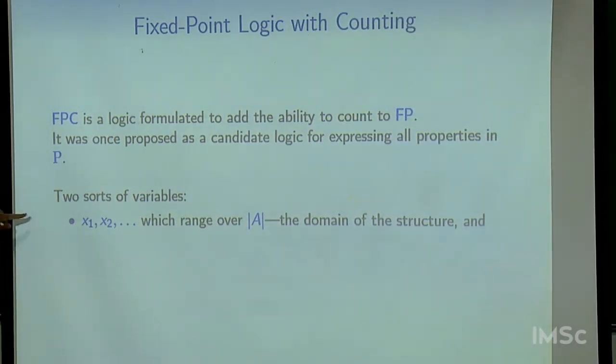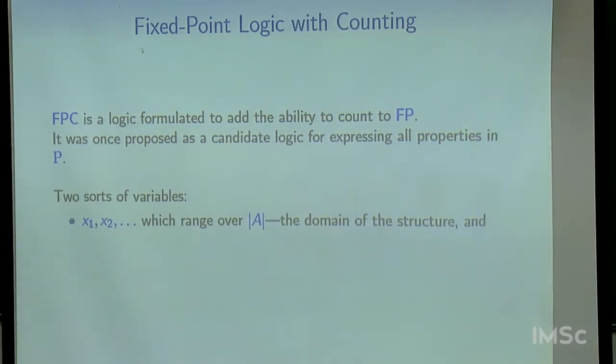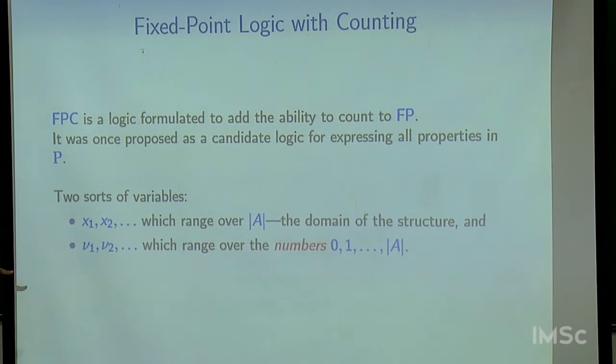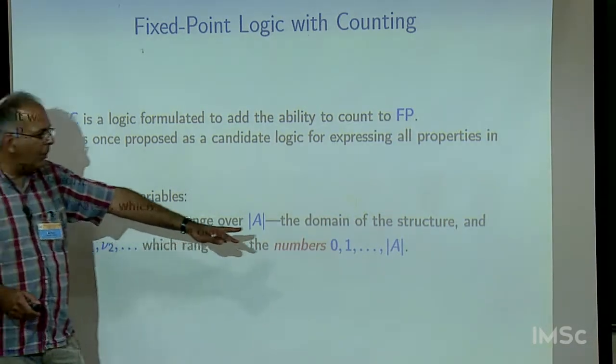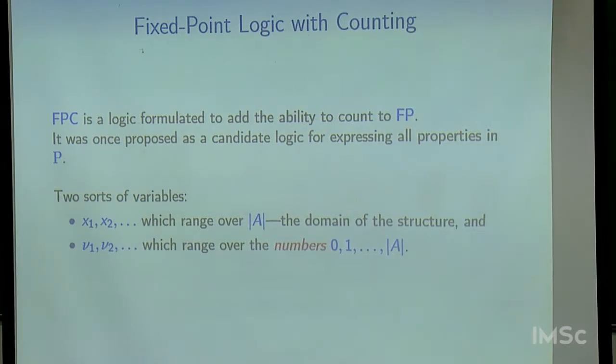The logic has two sorts of variables. We have the variables which range over the domain of the structure, if you will, the vertices of the graph, just like we had before. And we have variables which range over numbers in a limited range, from 0 up to n, let's say.